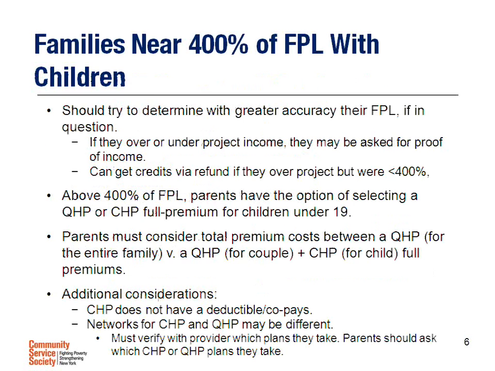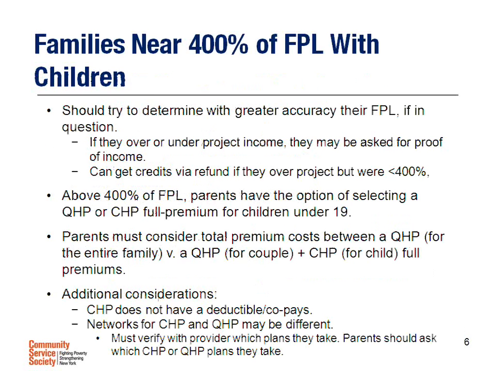So now I've been asked, what happens if I overproject or underproject my income? So maybe you have a family that says, I actually want my kids to be in CHIP, Child Health Plus, it's cheaper for me. Well, the system may ask again for proof of income. So they can go ahead and overproject.